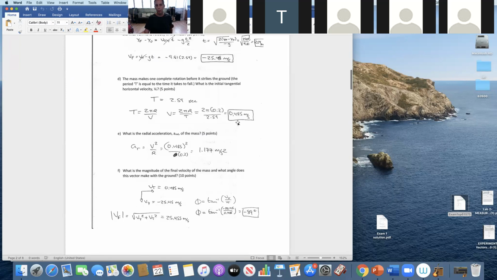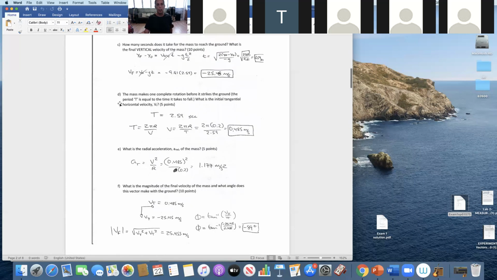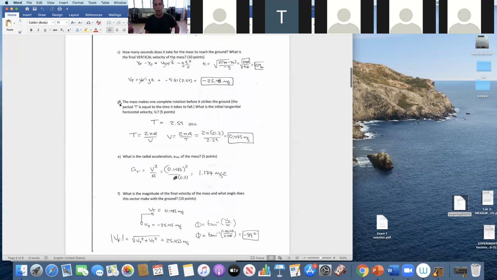And then from that horizontal velocity, the radial acceleration is v squared over r. And finally, if I want to know the magnitude of its velocity at any time, remember that this thing has v tangential from the circular motion and v in the y.